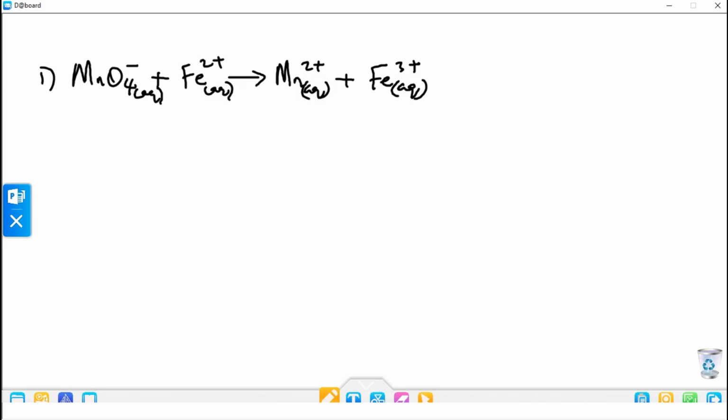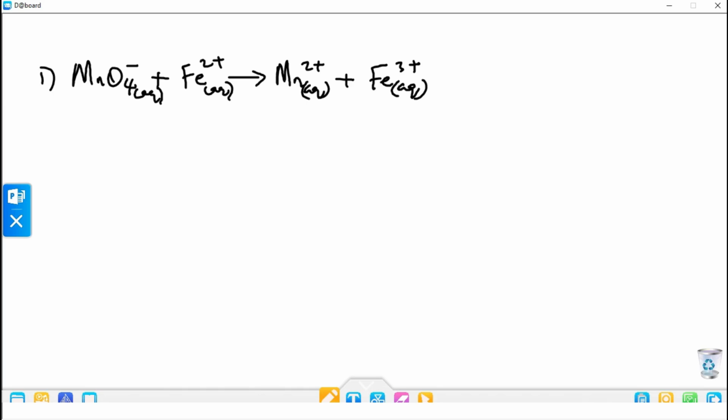Okay, so with that, we have written out our equation. Having seen the equation, we only have to proceed now to looking at which of these is the oxidation half cell and which is the reduction half cell.